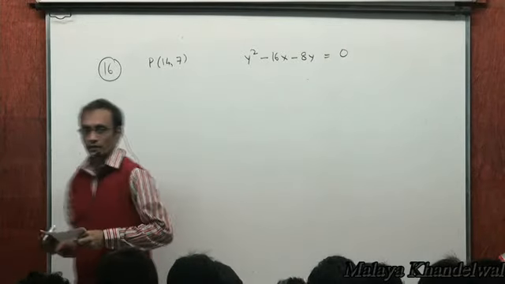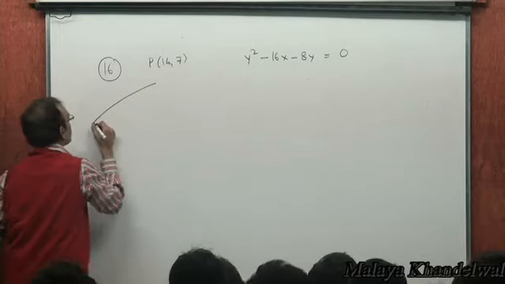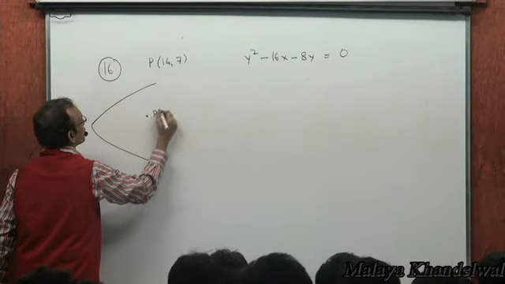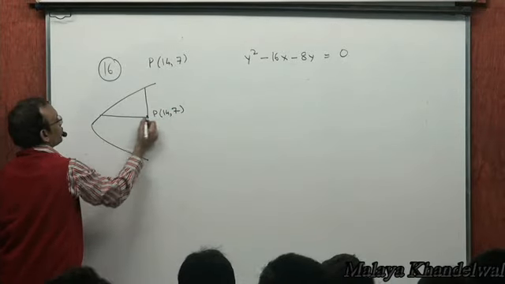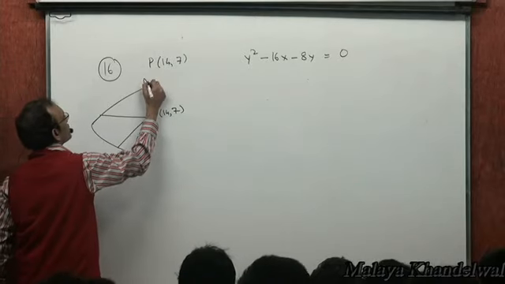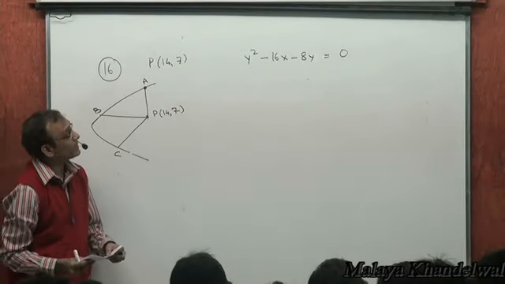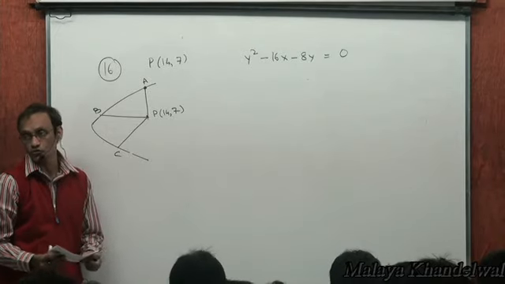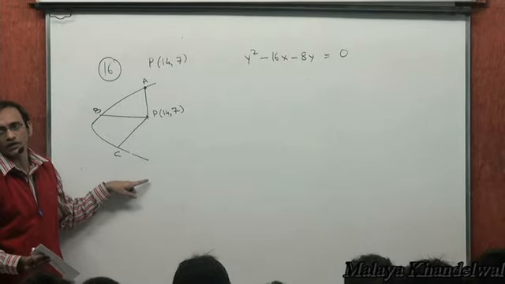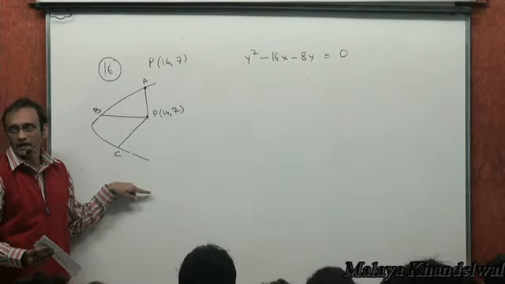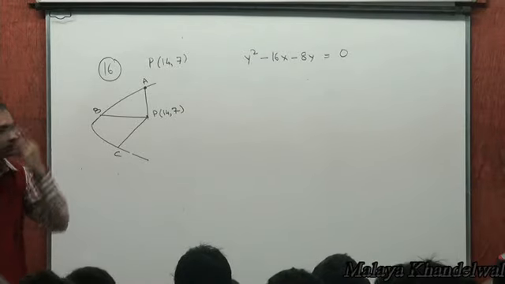We want to find the feet of the 3 normals drawn from this point (14, 7). See, in this case x is a quadratic in y, therefore the parabola would have its axis parallel to the x-axis, right?